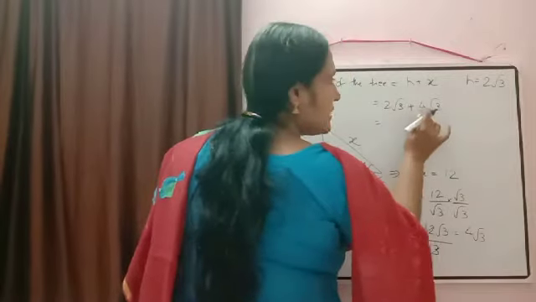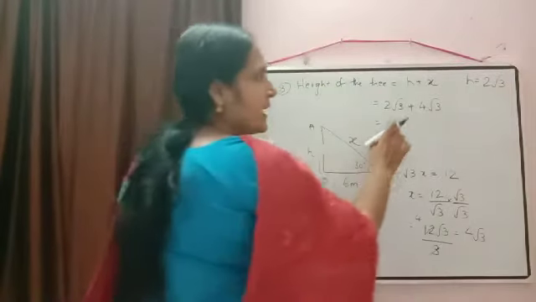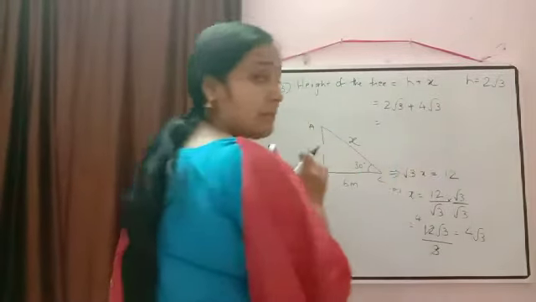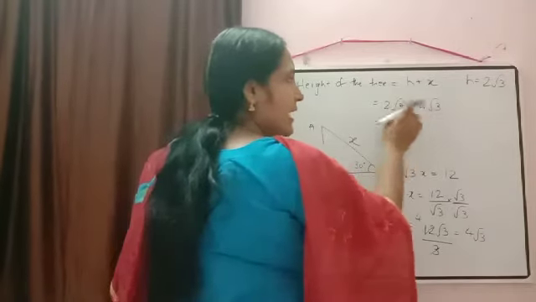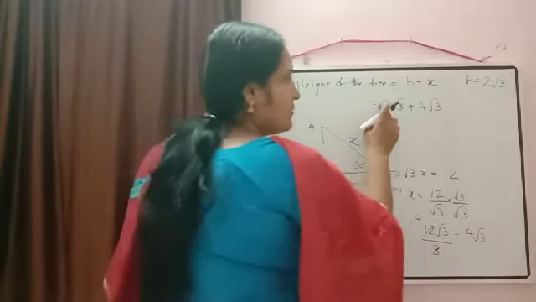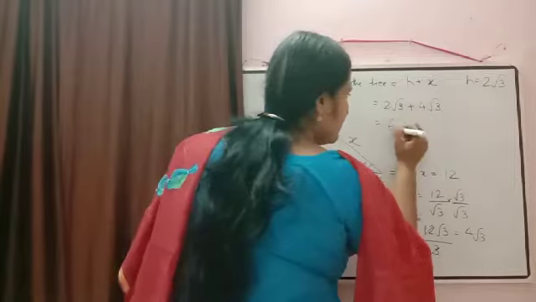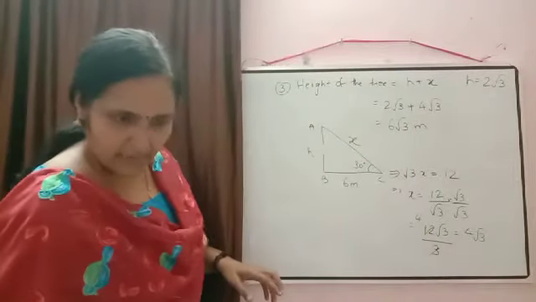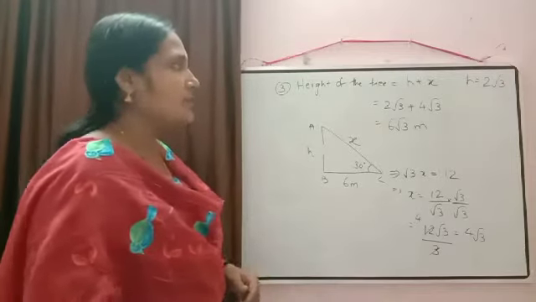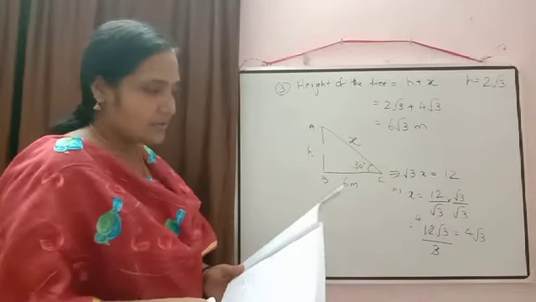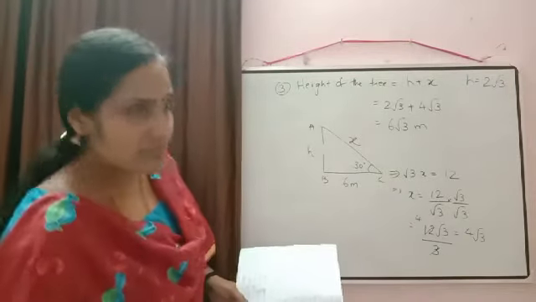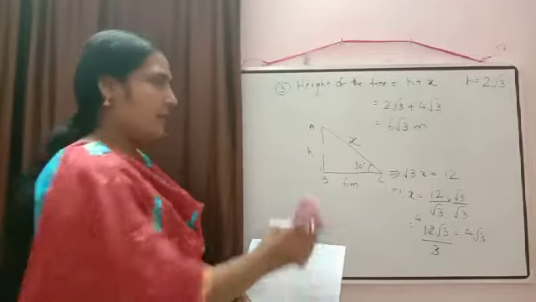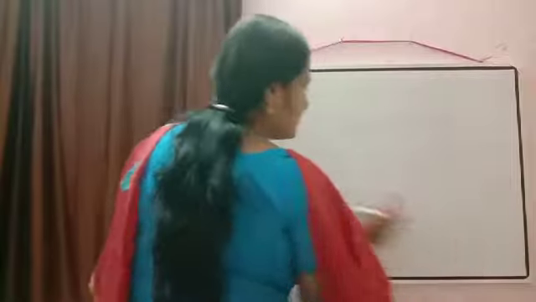So 2 root 3 plus 4 root 3. Inside the square root same numbers are there. That's why we can add the coefficient there. So 4 plus 2 will be equal to 6 root 3 meter. So just write down the answer statement. Height of the tree is 6 root 3 meter. So I hope this question is clear to you. Now all of you check the next question there.